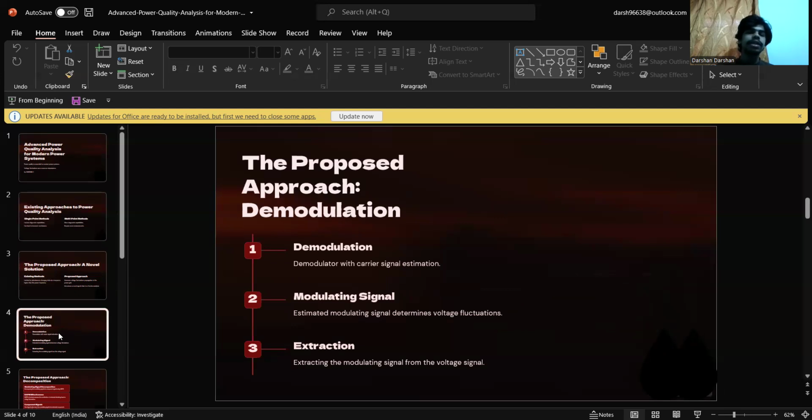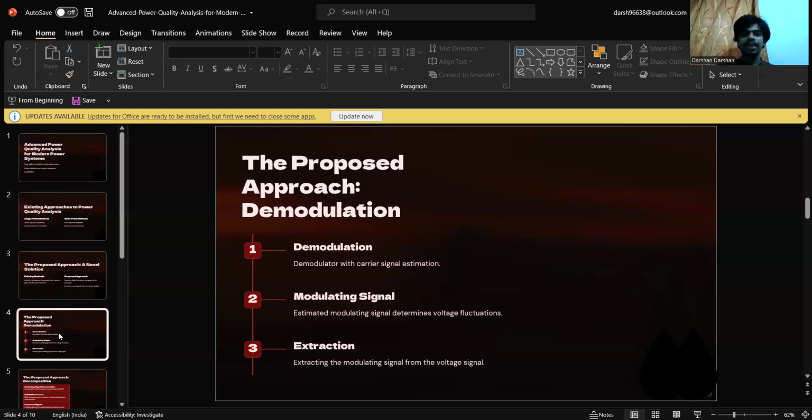The proposed approach is demodulation, covering modeling, signaling and extraction. It uses a demodulator with carrier signal estimation. The estimated modulating signal determines voltage fluctuations.